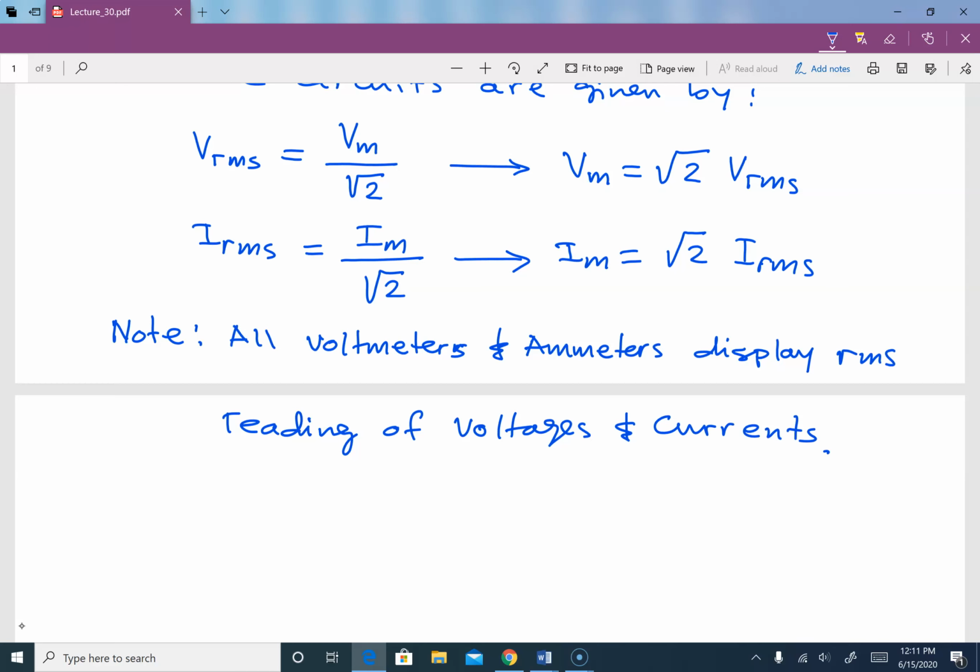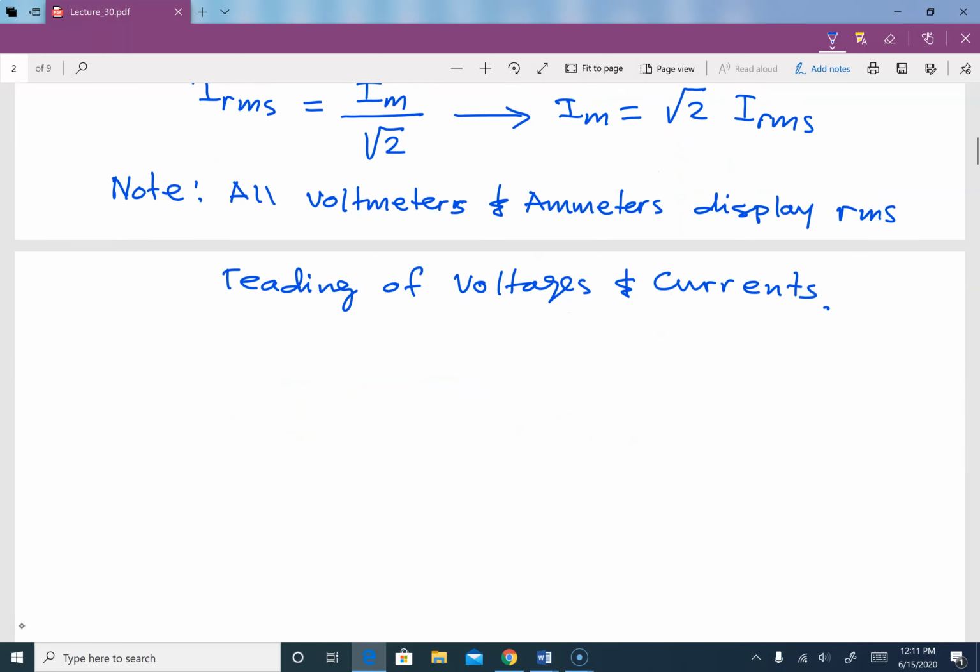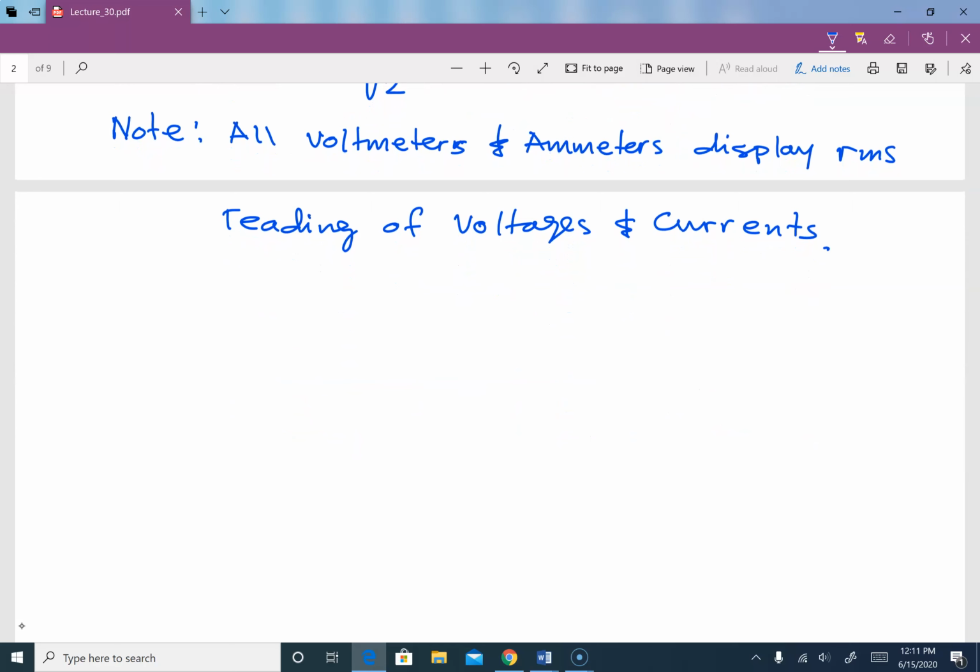So if you bring, let's say, a voltmeter and you measure a voltage across an element in AC, that value that will show for you the voltage reading is the RMS value. Same thing is applicable to the reading of the current.